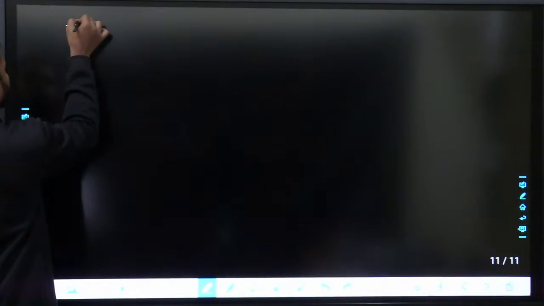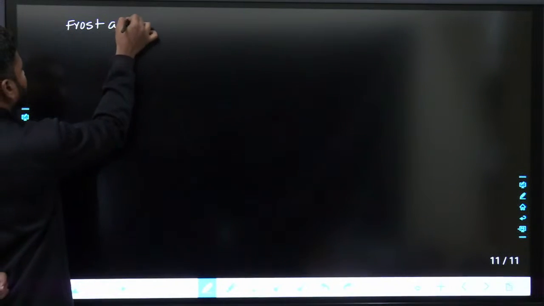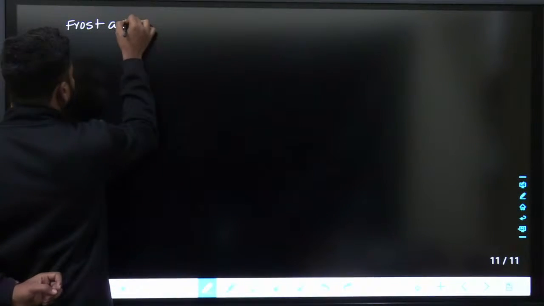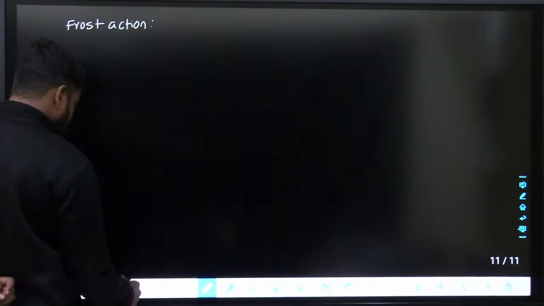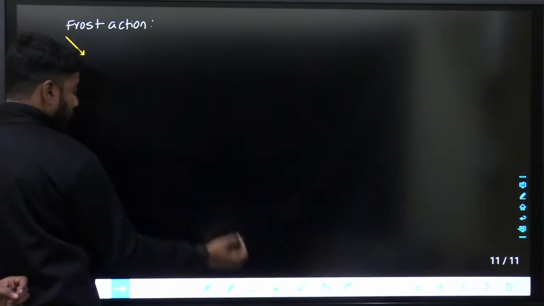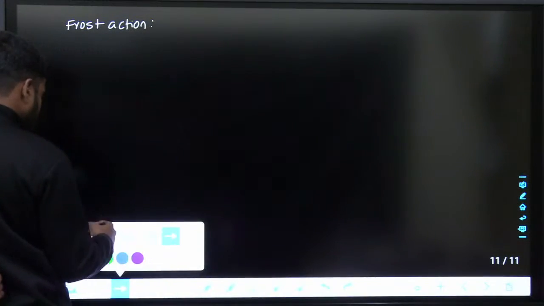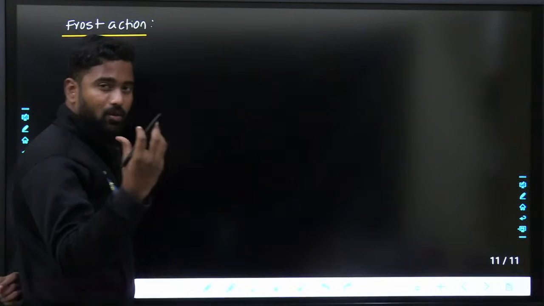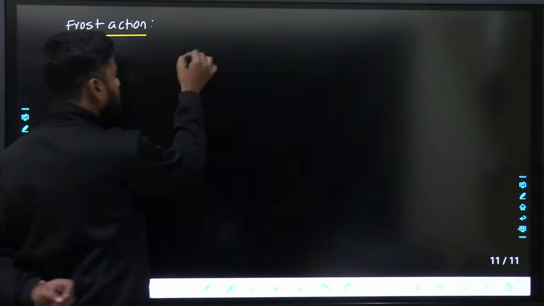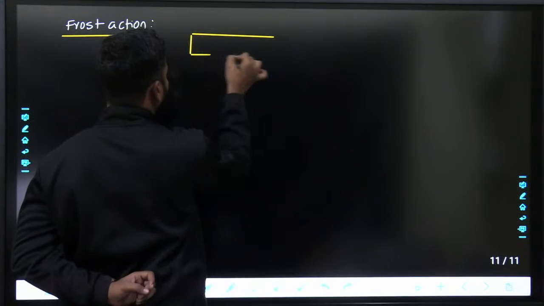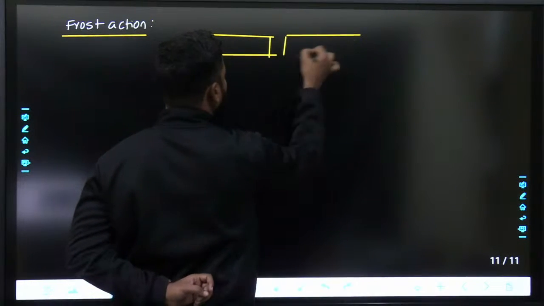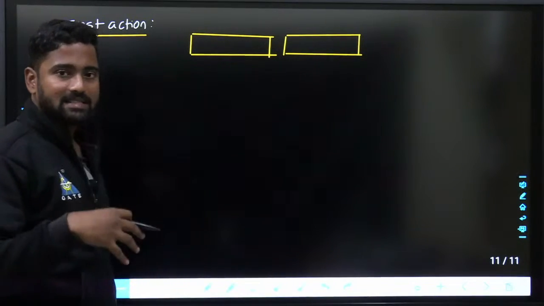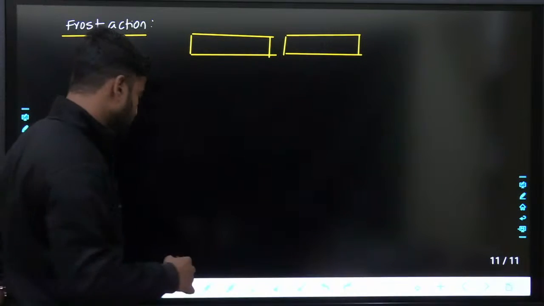Fine. So frost action. During the winter seasons, what happens exactly? During winter seasons, the water present in the soil subgrade, I mean, it can be seen in both rigid as well as flexible pavements, frosting and heaving action.